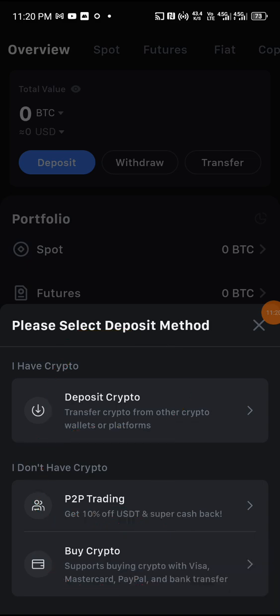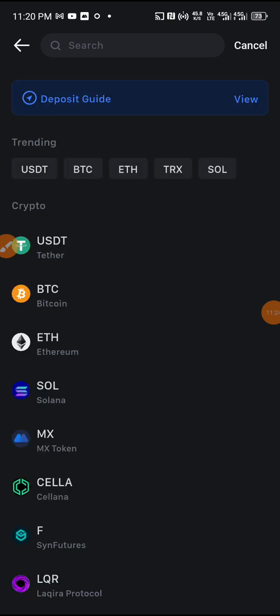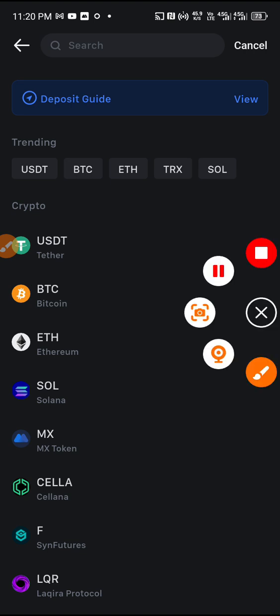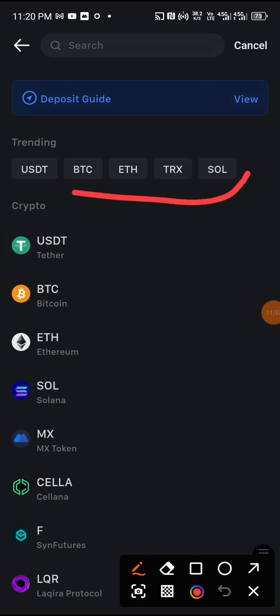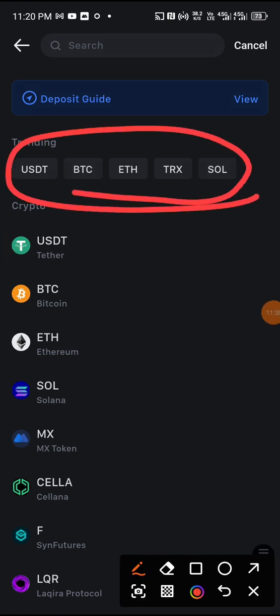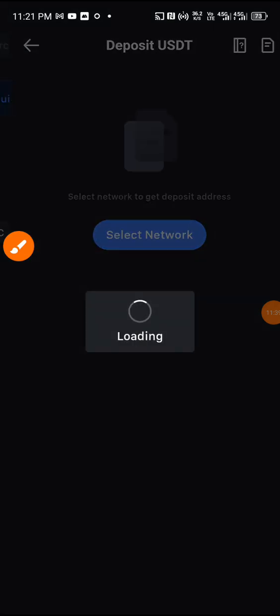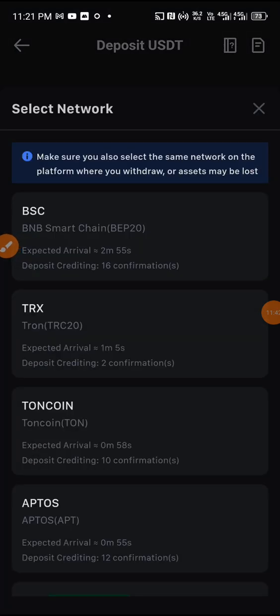So if you click on this, it will now give you the opportunity to choose what exactly you want to deposit. Is it USDT, BTC, ETH, TRX, or SOL? If it is USDT, which is very popular, you come to this place.